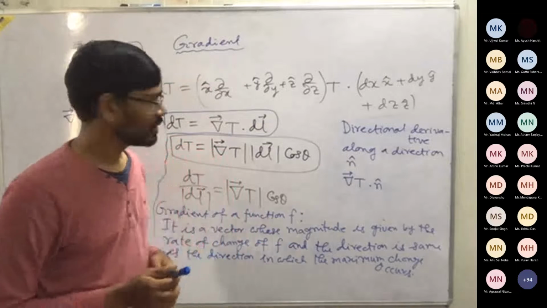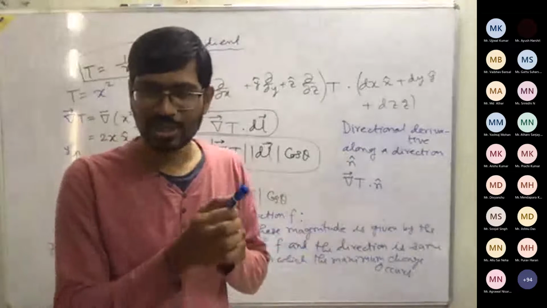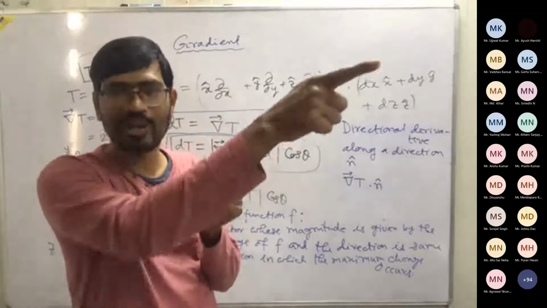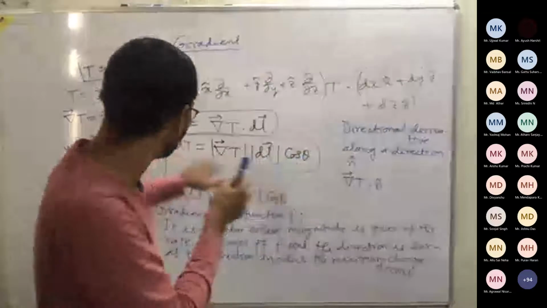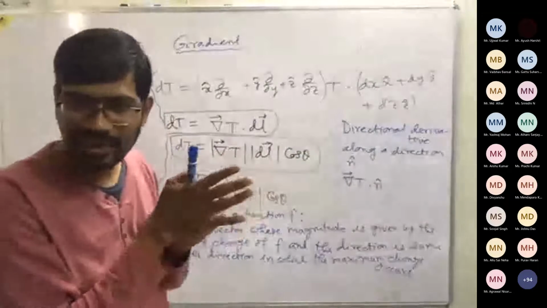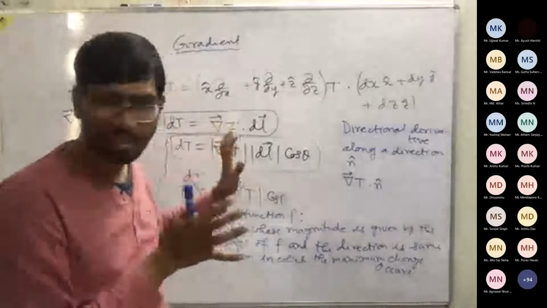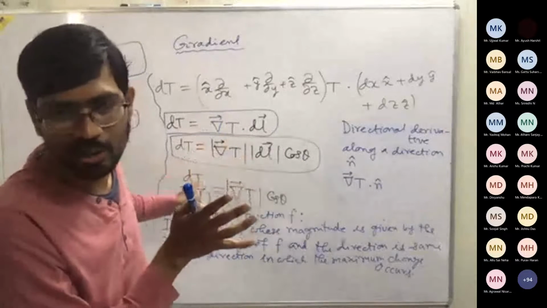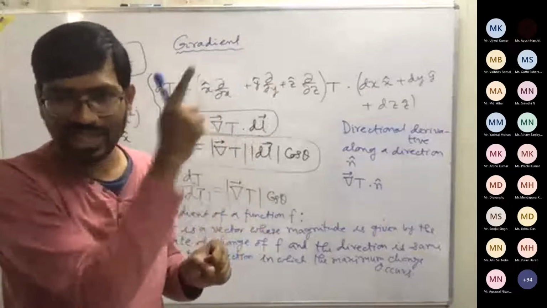Yes, sir. So directional derivative means you take the derivative of that function along a particular direction. As I said, you can have different magnitudes of the gradient of T in different directions. I was saying it will be maximum along the direction in which the change occurs.